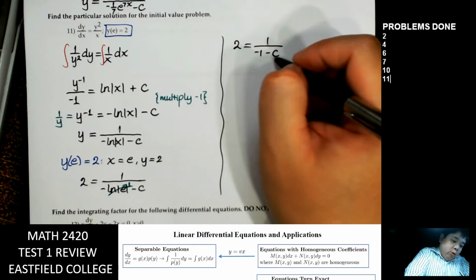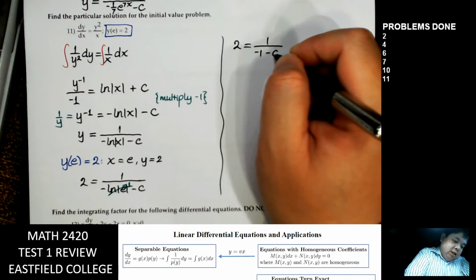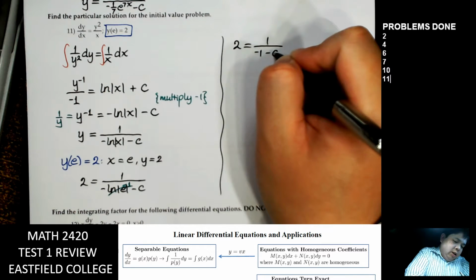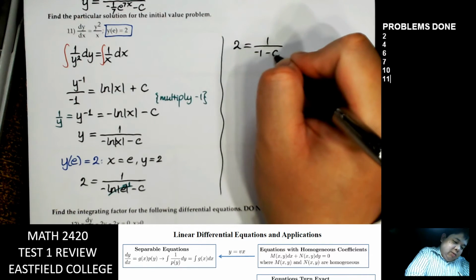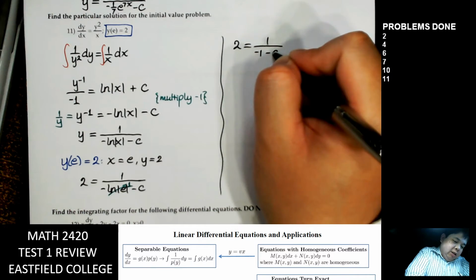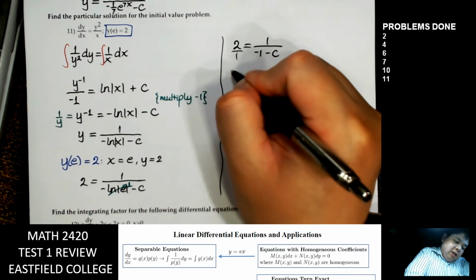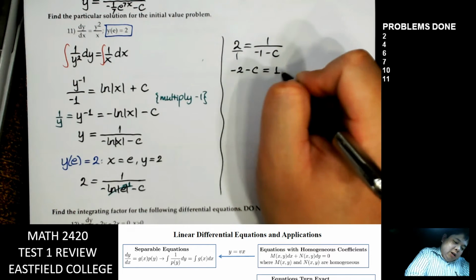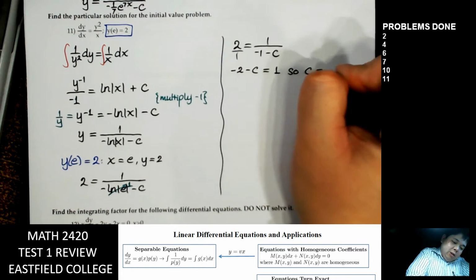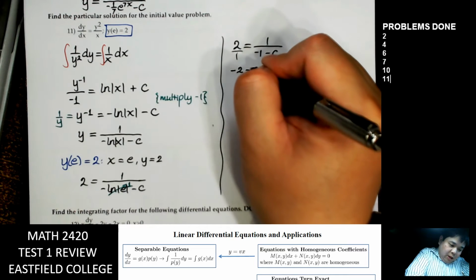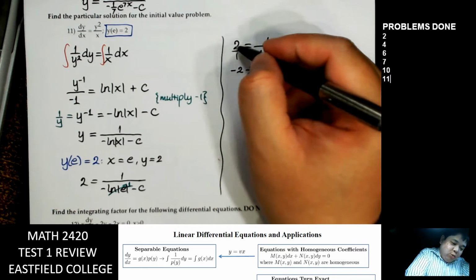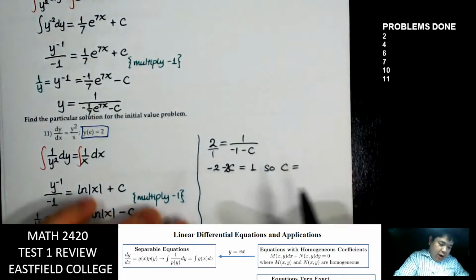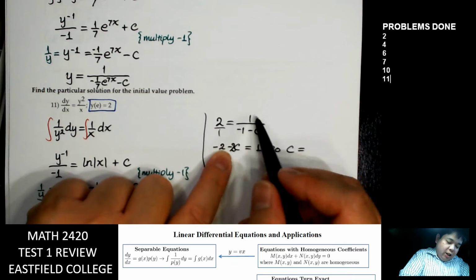Right. And when we solve for c, it looks like we just cross multiply here. Forgot the 2. So cross multiply: negative 2, negative 2c equal to 1.